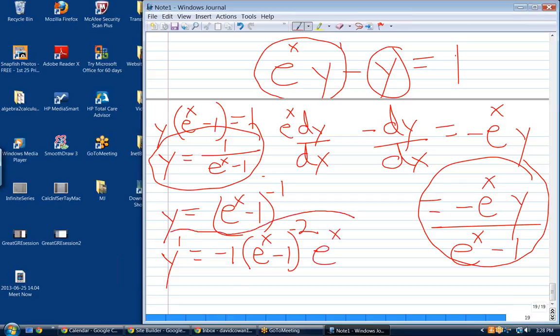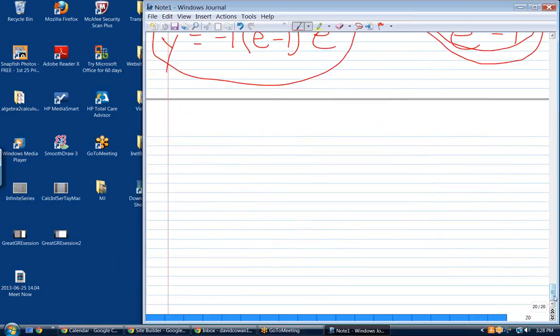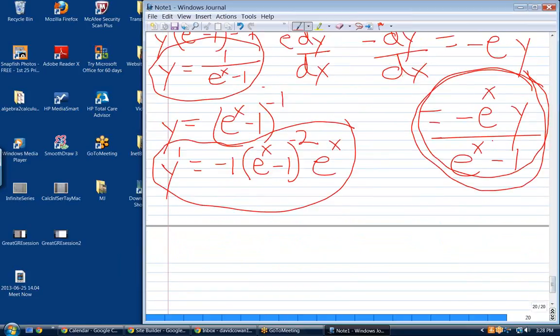Okay, so there's my y prime, and what I'm saying is that's the same as this. Well, for me to prove it, I have to go back and substitute for y over here. Well, we solved for y. It was equal to 1 over e to the x minus 1. So this becomes minus e to the x times 1 over e to the x minus 1.